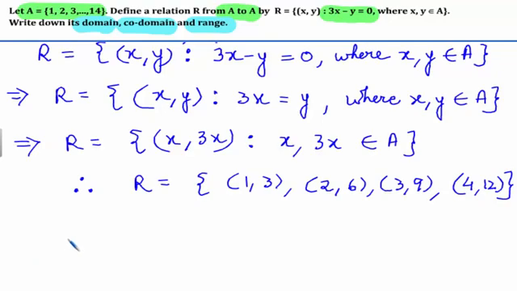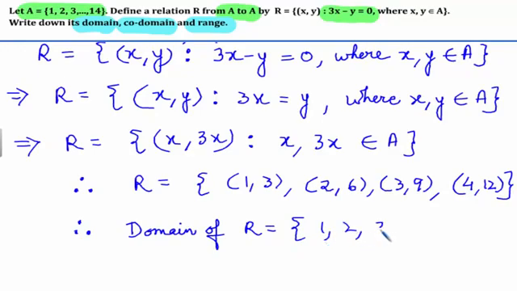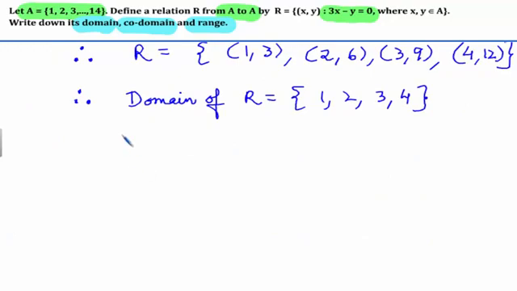As we have already seen, domain of a relation is the set of all first elements. So here domain will be equal to 1, 2, 3, 4. And range of R will be equal to the second elements.